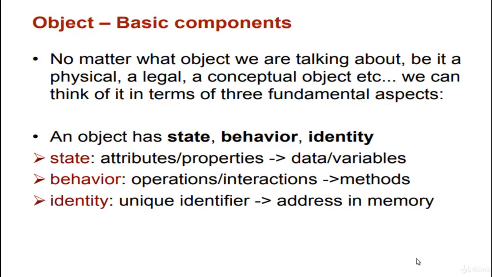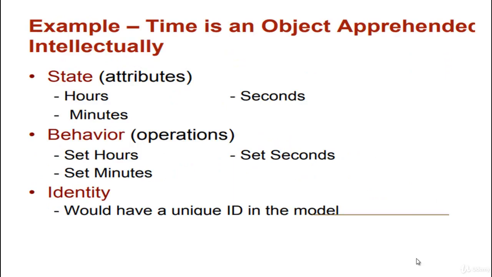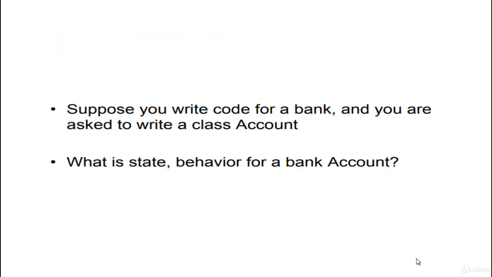Behavior, operations, interactions. Those are called methods. In the time class, we had state: hours, minutes, seconds. Behavior: set hours, set minutes, set seconds. So in the class account, what is state, behavior for a bank account?